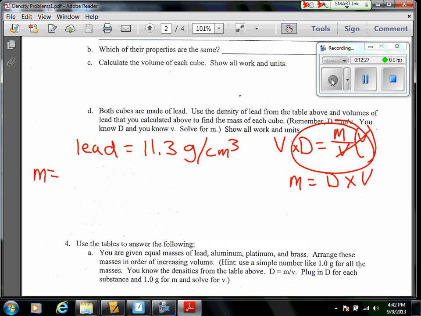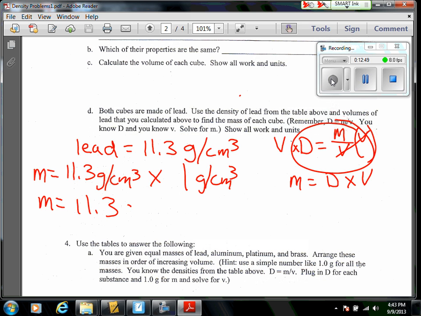Mass is equal to density times the volume, which was 1 cubic centimeter. So 11.3 times 1 is 11.3 grams.